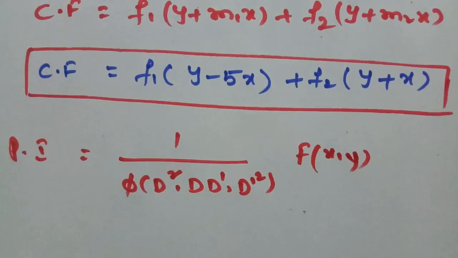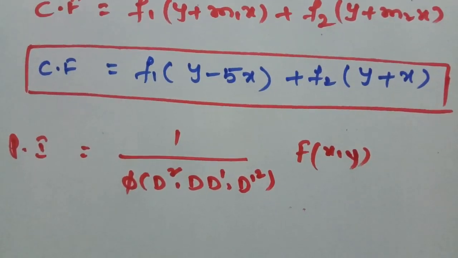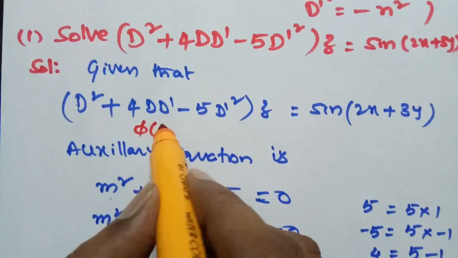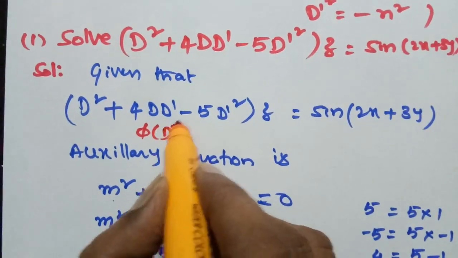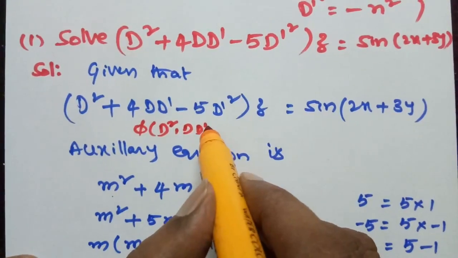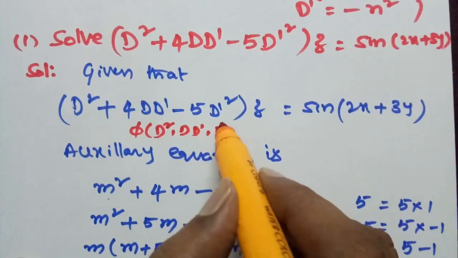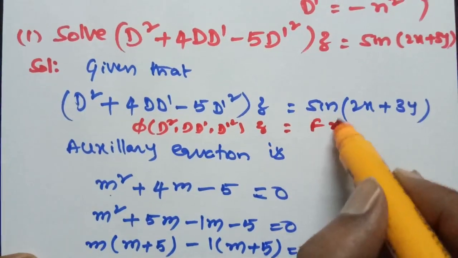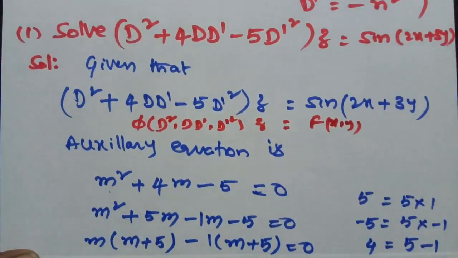Therefore, the given equation is of the form phi of D square, D dash square into z is equal to f of x comma y.